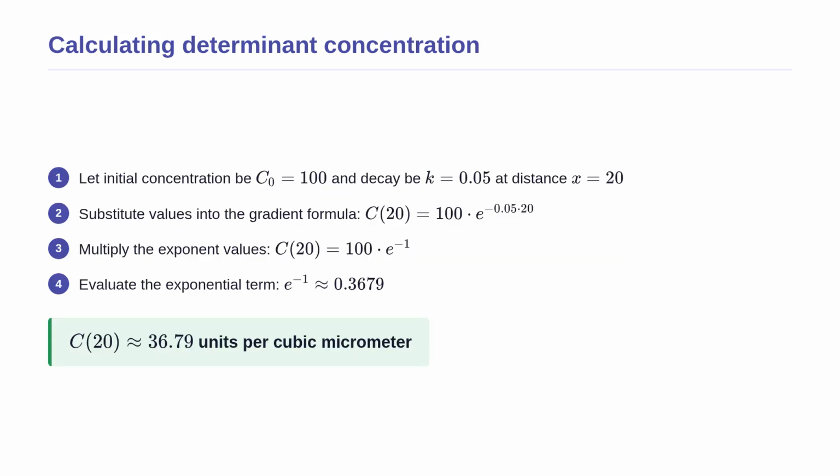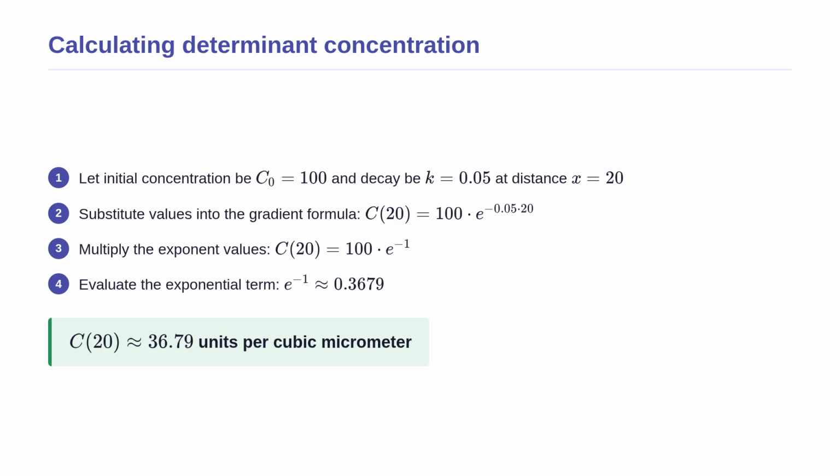Now that we have our formula, let us see this with a concrete example. Imagine a fruit fly embryo where a famous cytoplasmic determinant called bicoid is concentrated at the anterior, head end. We are given an initial maximum concentration of 100 units, a decay constant of 0.05, and we want to find the concentration at a distance of 20 micrometers. We start by substituting these values into our exponential decay model.